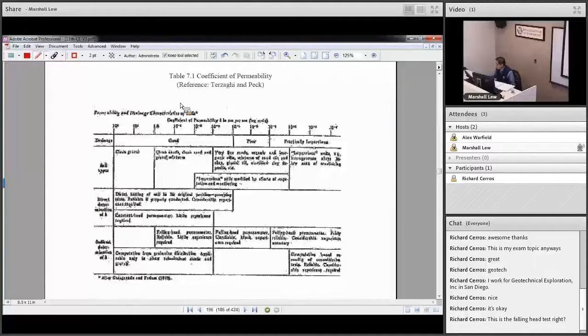The historical background for this is Darcy's law. Darcy was a French mathematician who had nothing better to do than play with soil and water.